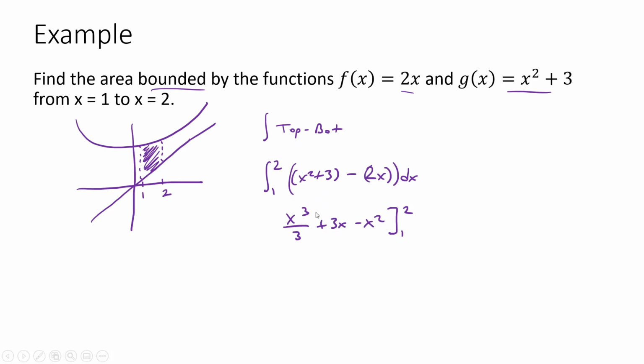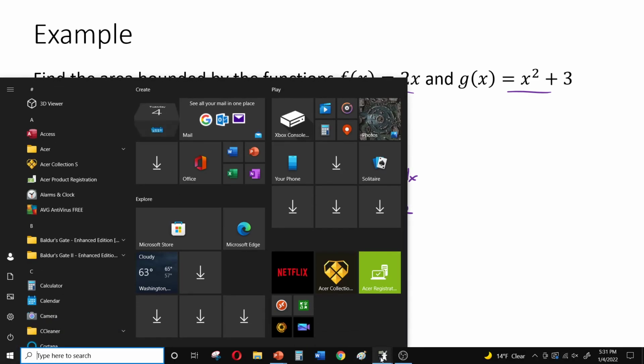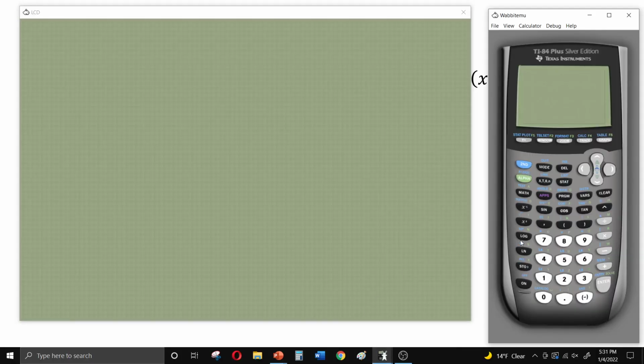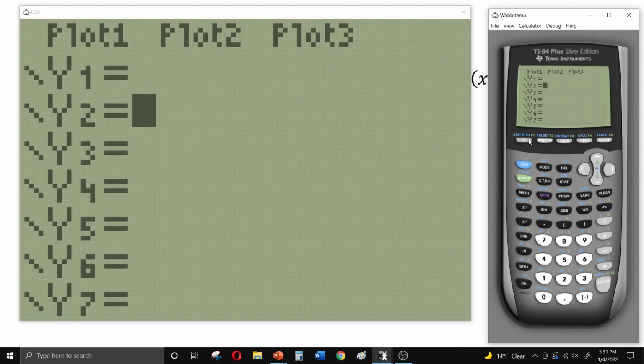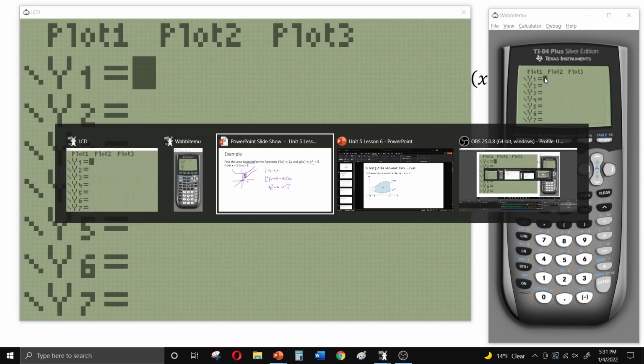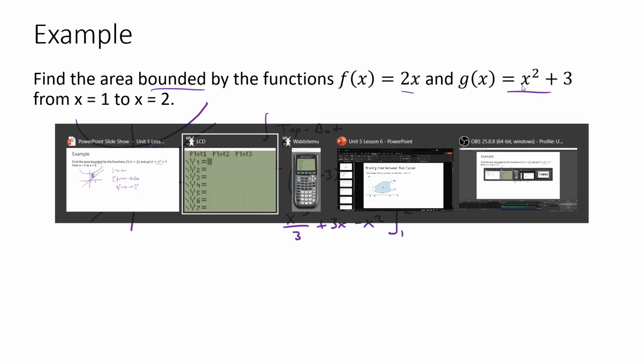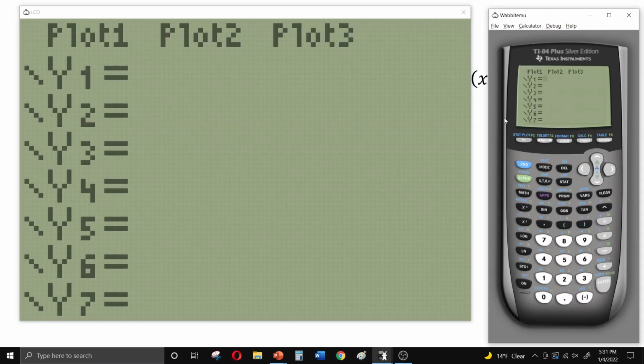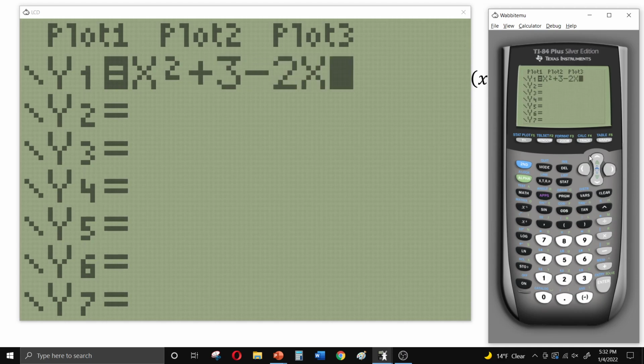So just to remind you, I'll show you here. We can go to our graphing calculator, go to y equals, and type in the function: x squared plus 3 minus 2x. Type that in and hit graph.